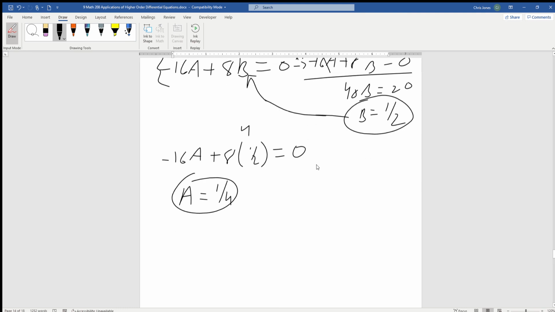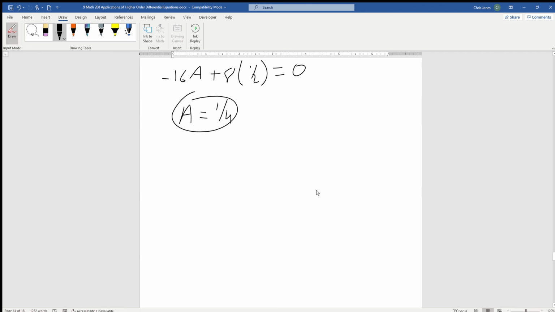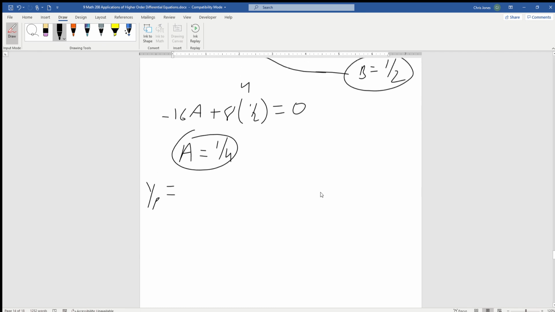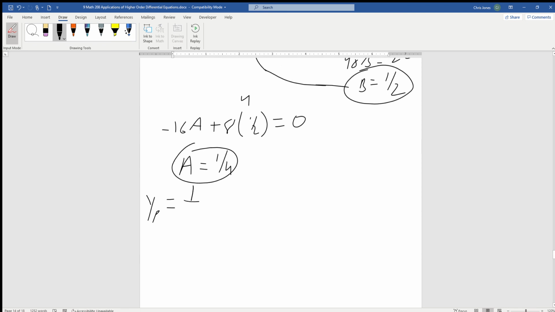So our particular solution, xp, is going to be equal to, now remember, a was the coefficient of the cosine, so 1/4 cos 2t, plus 1/2, which is b, the coefficient of the sine of 2t.